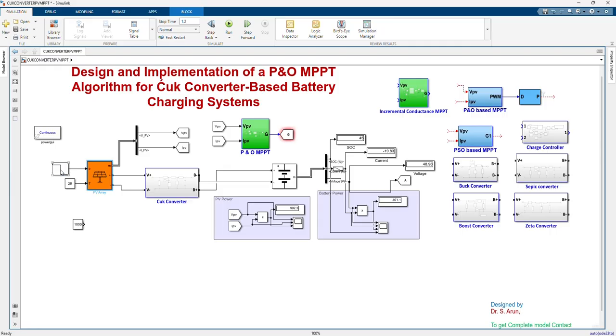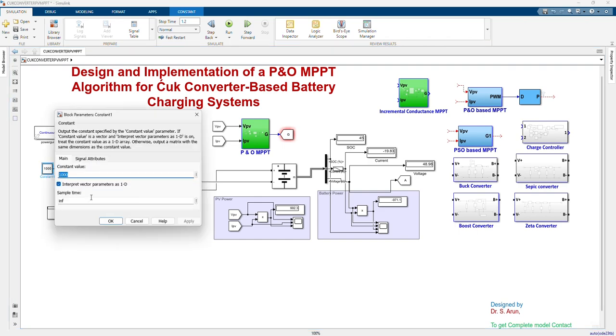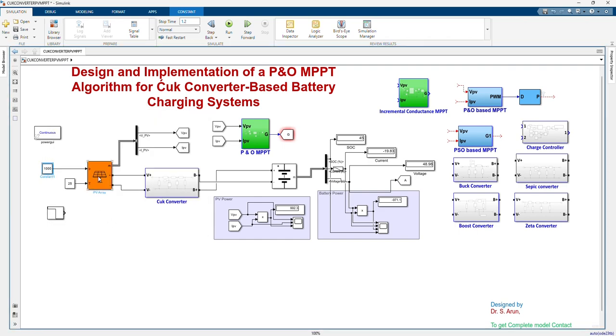First I will give a constant temperature and constant irradiance to this PV panel. I choose 1000 as a constant irradiance level, and for 1000 irradiance level we will get a maximum power equal to 1 kilowatt.